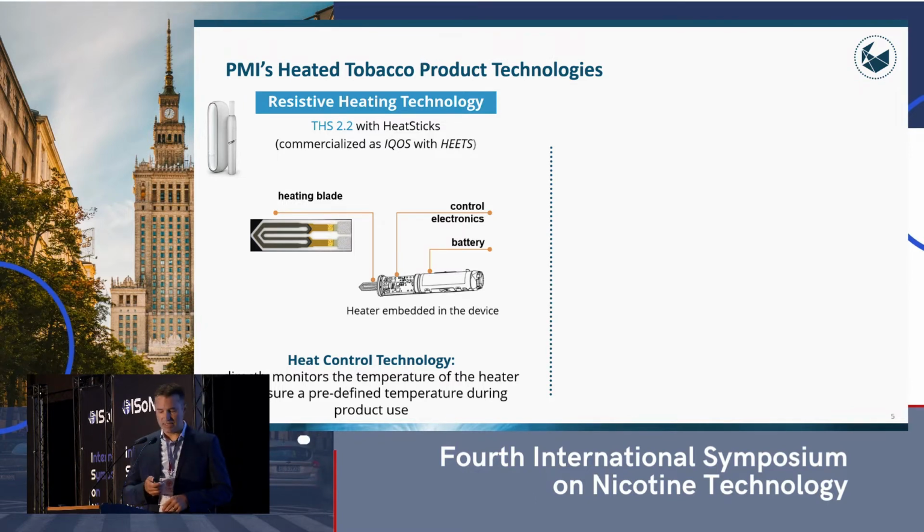This heating blade, as you can see here, is a ceramic blade, but it has a platinum track that provides the heat to this heater blade to be able to heat tobacco from the inside of the tobacco plug on the tobacco stick to generate the vapors that then come in the form of an aerosol to the consumer.